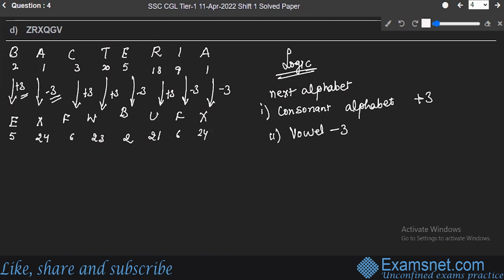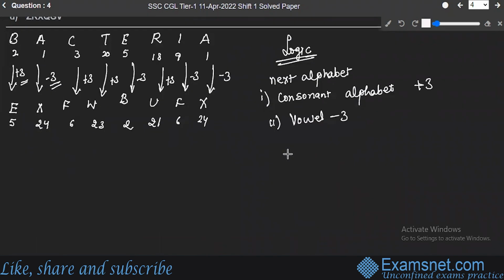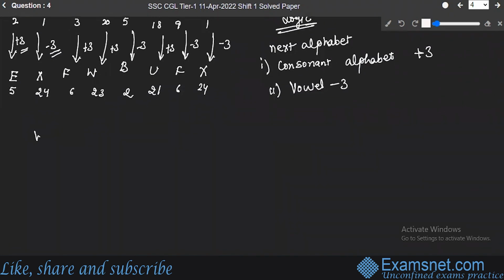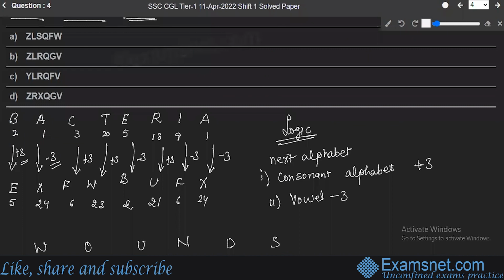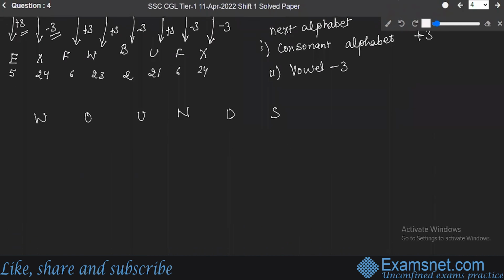Okay. Let's go for the word fruit. First of all, let's write down the numbers of these ones, right? So W is 23, 15, 21, 14, 4, and 9.